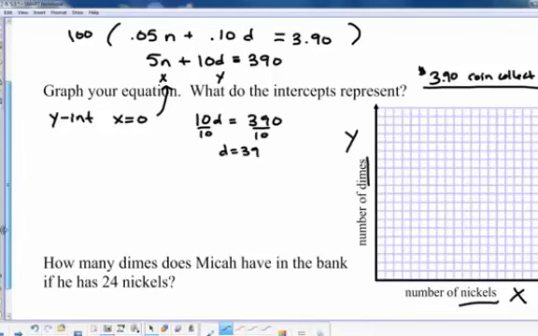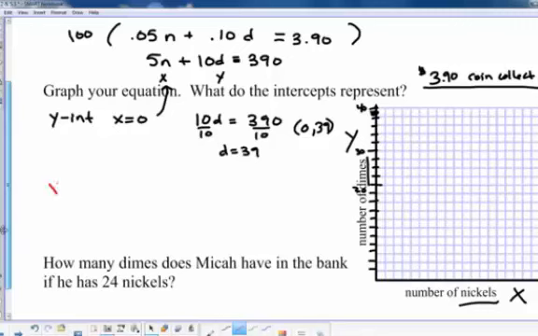So our point is 0, 39. So I'm probably not going to count by ones, because that's 10 right there. So maybe count by twos. If we count by twos, that'd be 20. And this would be 30. And this would be 40. So 0, 39 is right here.